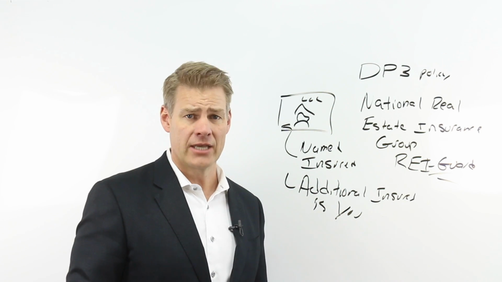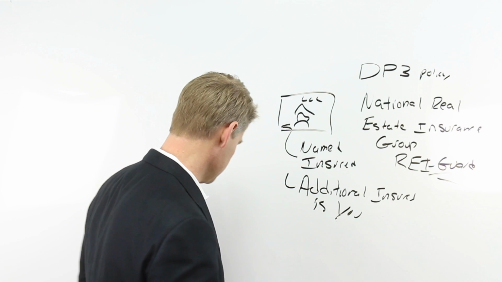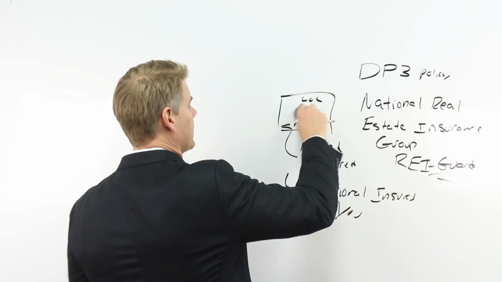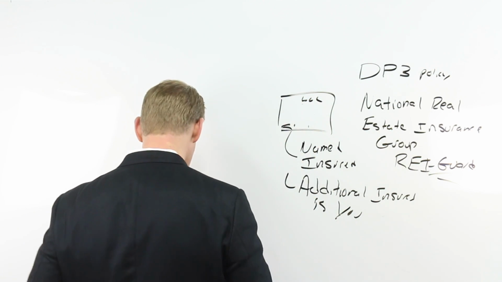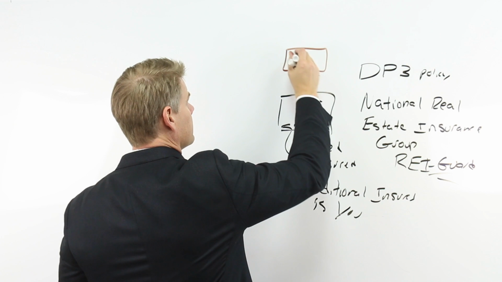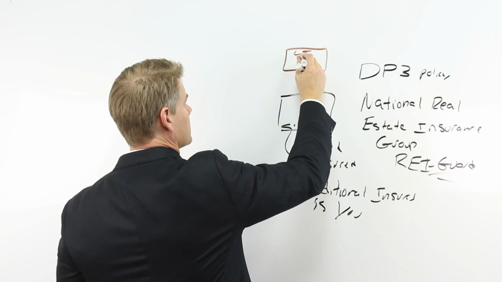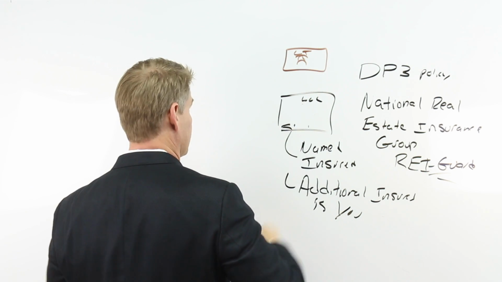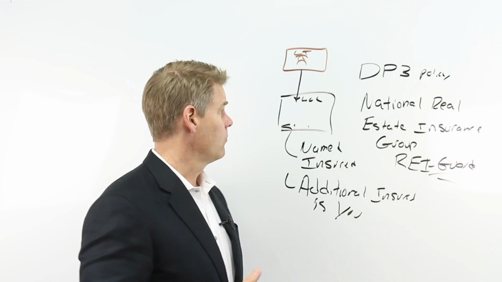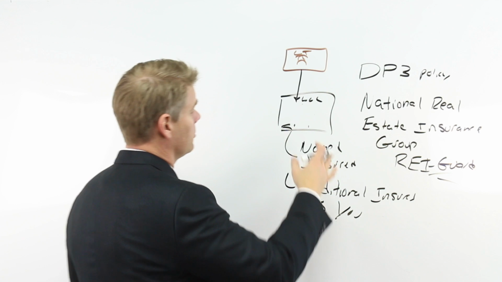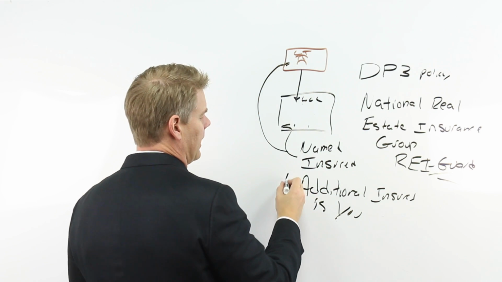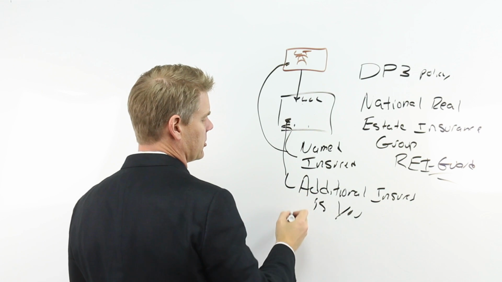Now, if you're using a land trust that's held by an LLC, so maybe your structure looks something like this. You don't have the property directly in the LLC, but instead you've got a land trust set up here. It's my land trust owning the real estate. And then that land trust is held by this limited liability company. Well, in that case, what you're going to do is have the named insured listed as the land trust, and then list the LLC as the additional insured.